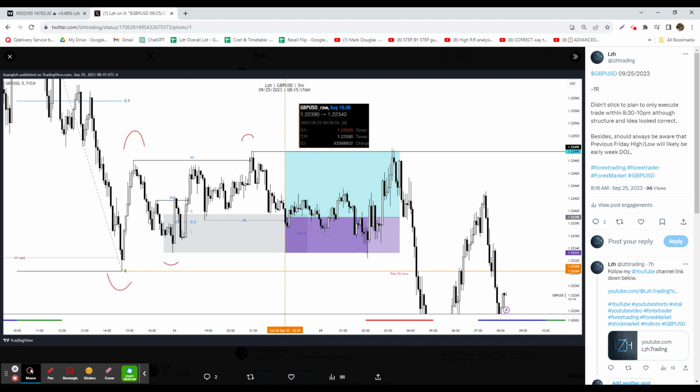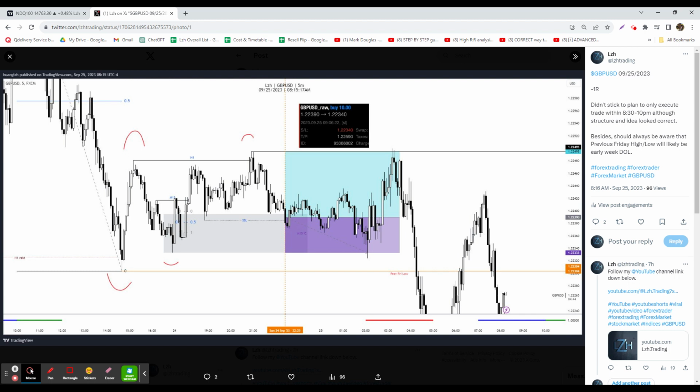So I just want to recap a little bit on this one before I really move into the Nasdaq. For this GBP USD long, I wasn't really following my plan fully. My entry was set to long around 9 plus at night, but it wasn't filled until like 10:30. The reason is that I didn't cancel it even after 10 o'clock.